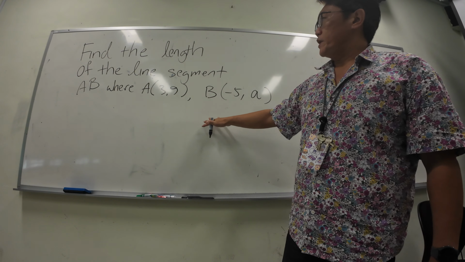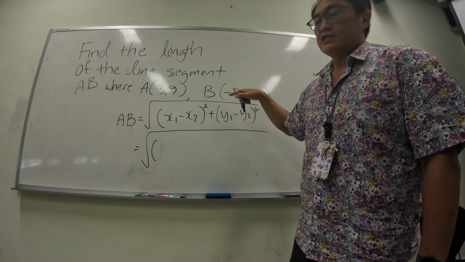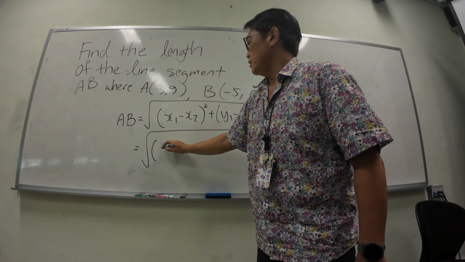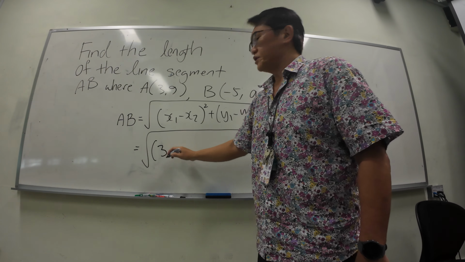So when we are putting in the numbers, the number one thing to take note of is this minus belongs to this formula. Before I even put in any number, this minus is already there. When I put in the coordinates, the x coordinate 3 belongs to the first point, so I put 3. This minus is from the formula, so I must have the minus.